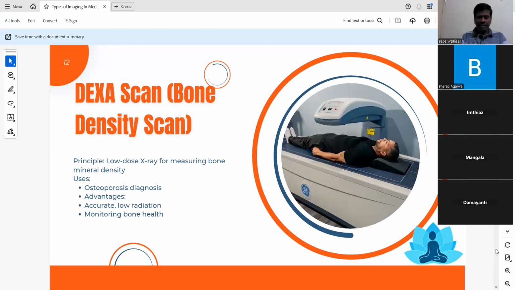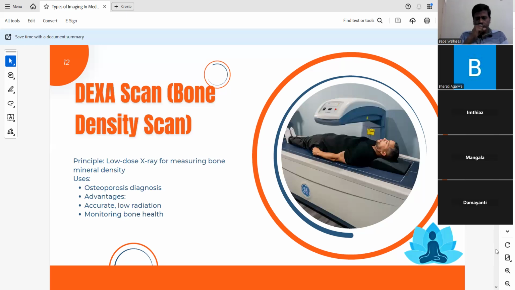Another less heard one is DEXA scan, which is used to study the bone density, bone densitometry. Metry is measuring, so to measure the bone density. So here the dual energy X-ray absorptiometry, DEXA, is measuring the bone mineral density.